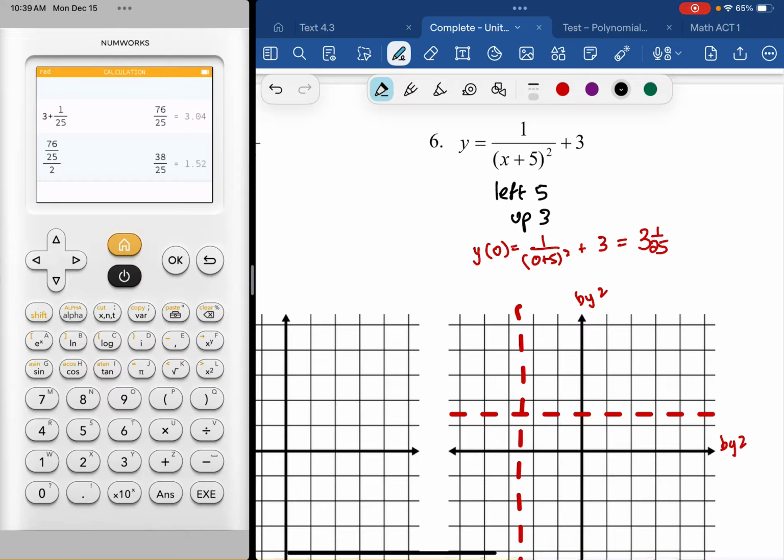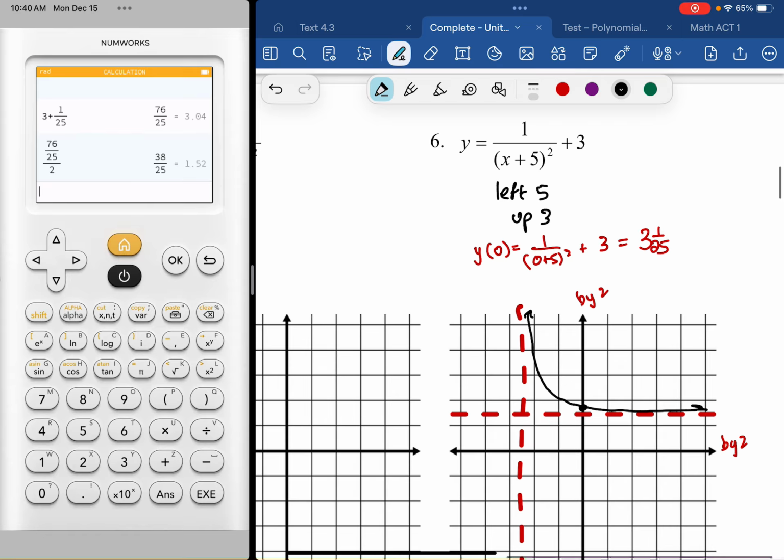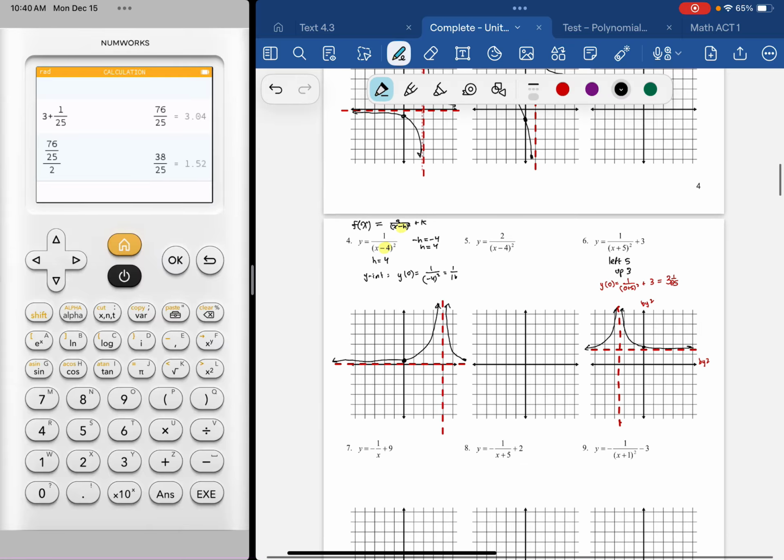It's actually going to be a smidge more though. So by scale, instead of going up 3, we're going up 3 and 1/25th. That's that extra 1/25th that we're looking at here. So you're going to look at something along these lines, and on the other side, we just want to make it look like a reflection over that vertical line.